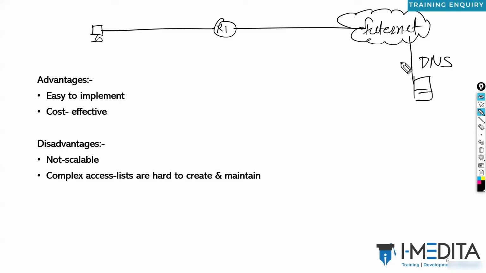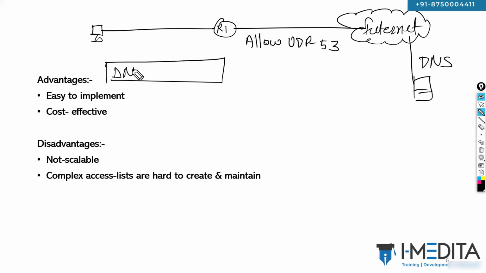Now, to allow DNS traffic, what will we do? We will allow UDP 53, port number 53. Now what will happen? The client will initiate a DNS query. That DNS query will be encapsulated under UDP 53. According to this, DNS traffic will be allowed here.